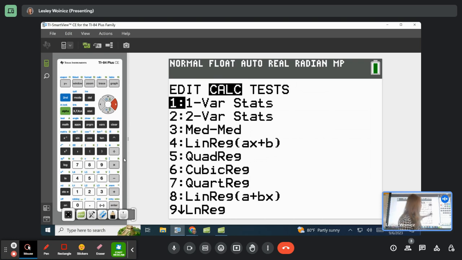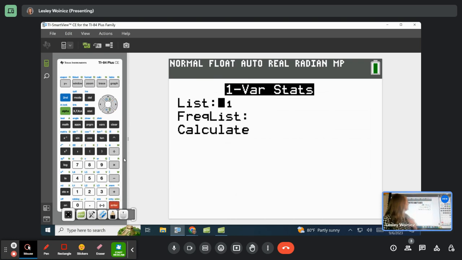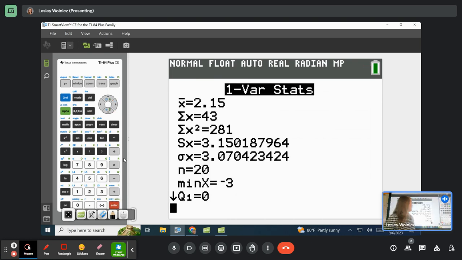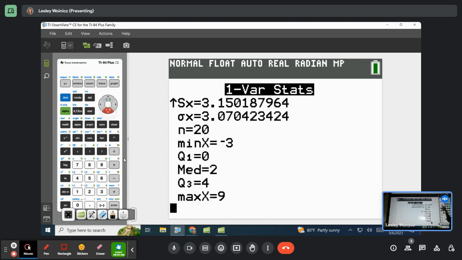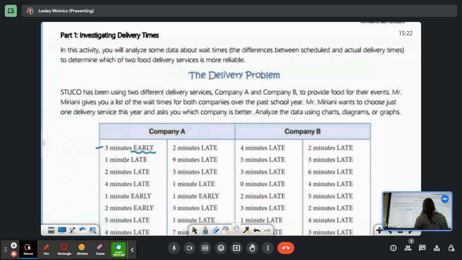So I want my one variable stats, and then enter a bunch of times until it gives me all these one variable stats, including my mean. It tells me how many elements in my set, that's the N. And if I arrow down to the bottom, it gives me a min, a quartile 1, median, quartile 3, and max. That's our 5-number summary right there.